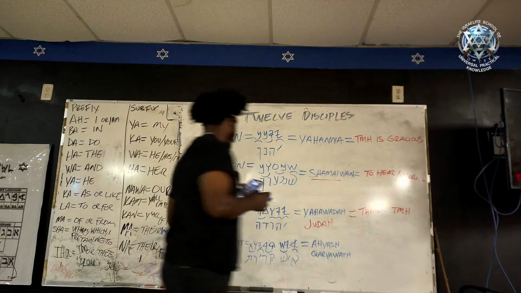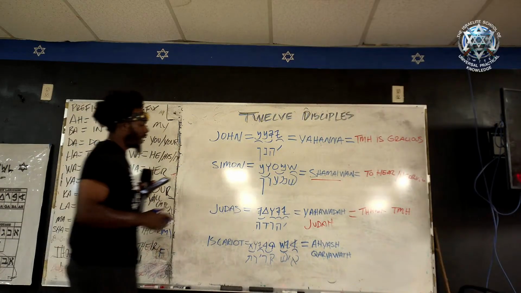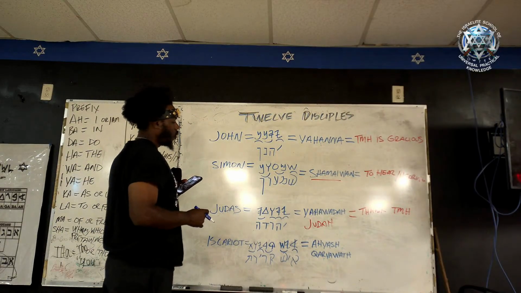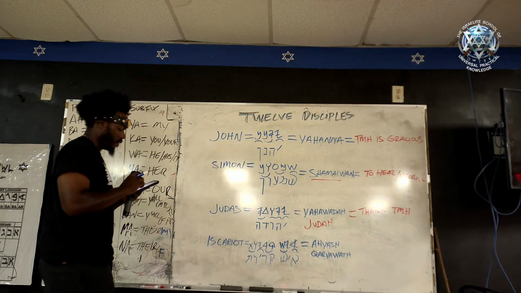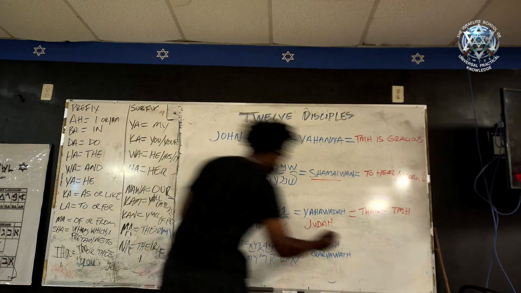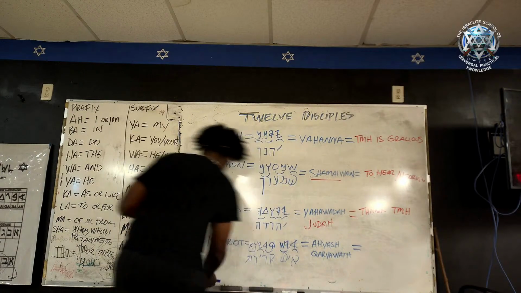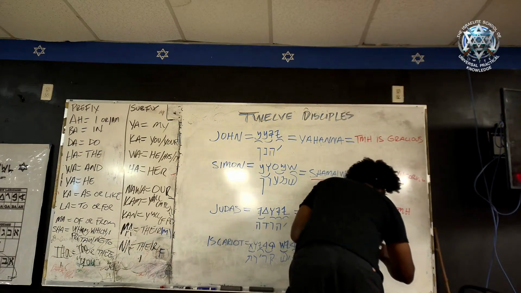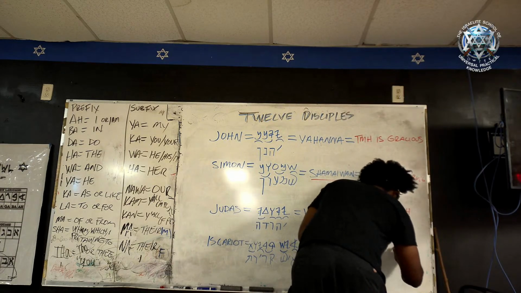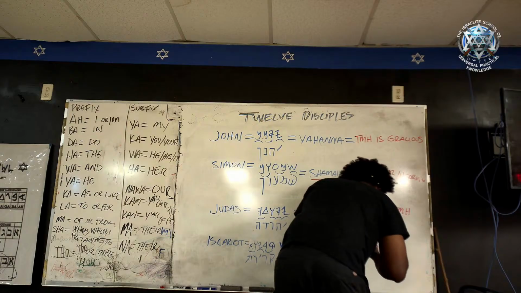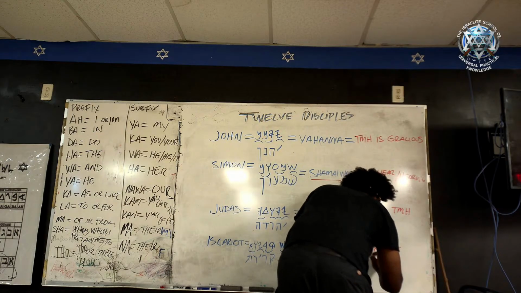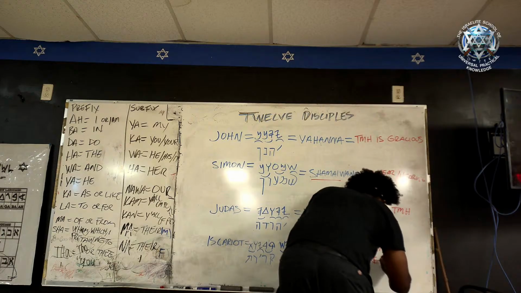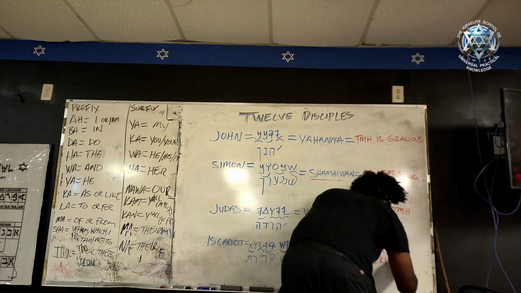All right. So Iscariot is Ayash Quariyath, right? Which translates to man of Kirioth.